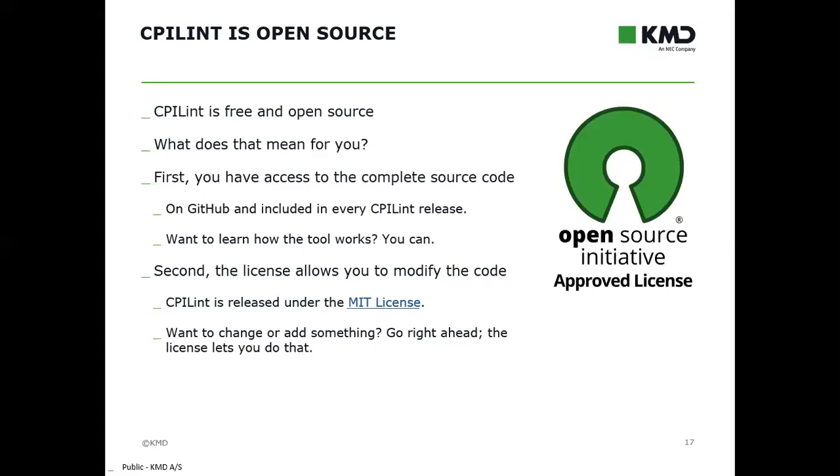You don't need to be an expert lawyer in order to read it, and it's very permissive. So you can do pretty much whatever you want. So if there's something you want to add or change, you can just go ahead and do that because the license allows it, right?